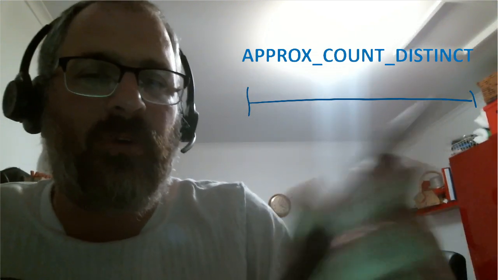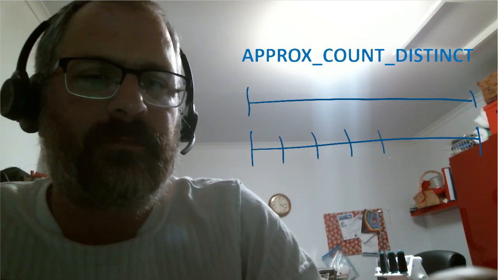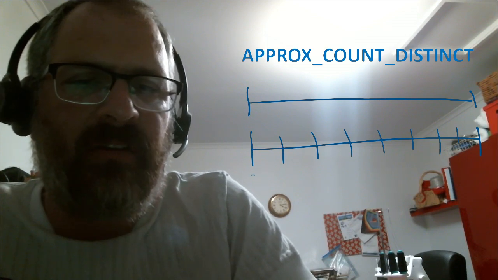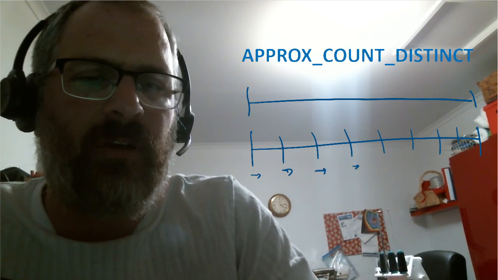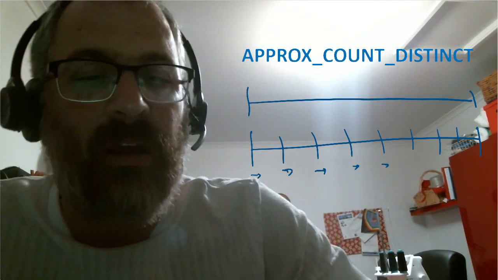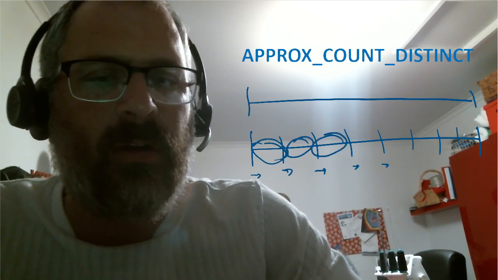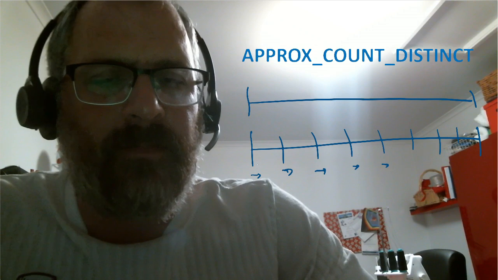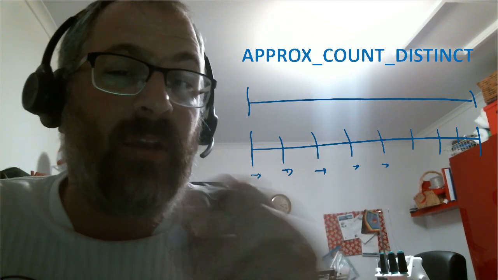So the idea is, if we split our hash address range into lots of these, and then we say how close to here is one of our values, and how close to here have we got, and how close to here, because across all of them, if we reckon that the average, and this is actually a harmonic mean because it works better for this type of thing, if we see on average how close we get in this block and in this block and in this block, and how close each of those is getting to the line, then we'd stand a pretty good chance of figuring out roughly how many different values we've got.